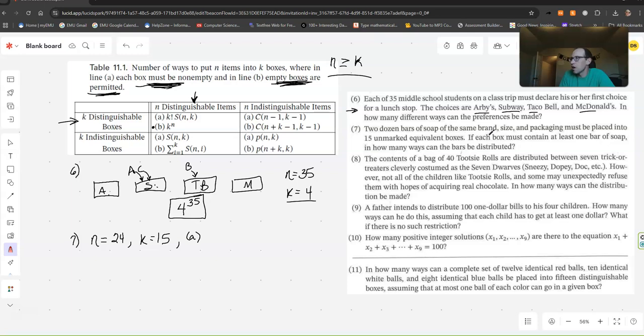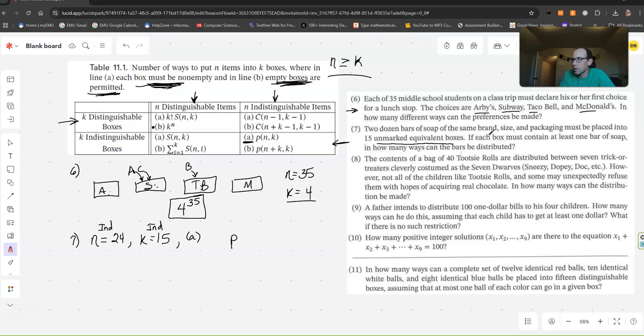Our items are indistinguishable: same brand, size, and packaging. The boxes they're putting them in are unmarked equivalent boxes, which means they're also indistinguishable. So we're looking for indistinguishable items, indistinguishable boxes, and not allowing the empties.